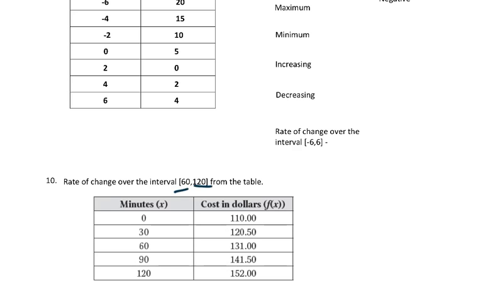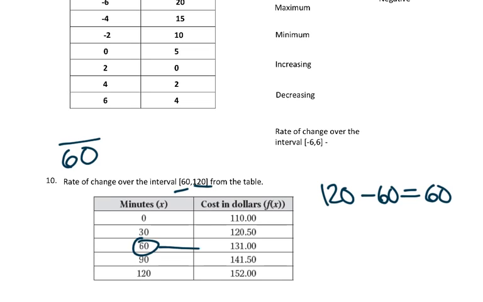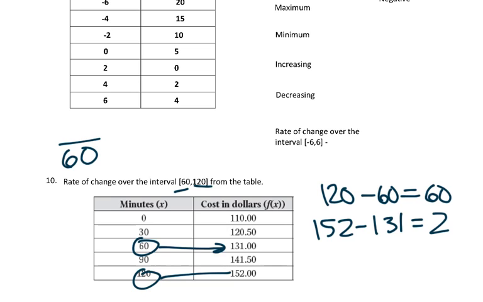So 120 to 60, so I go 120 minus 60, gives me 60, so on the bottom it's 60. So at 60, we have 131. At 120, we have 152. You don't need the decimal places there. So if I go 152 minus 131, that should be 21, right? Yep, 21.